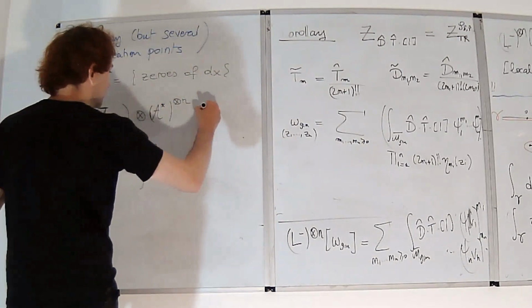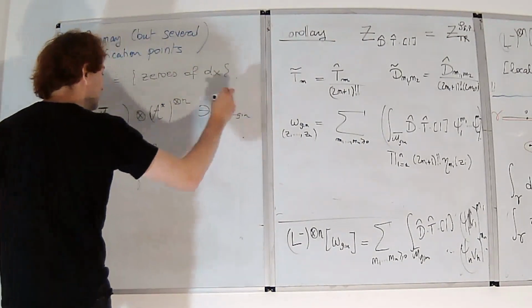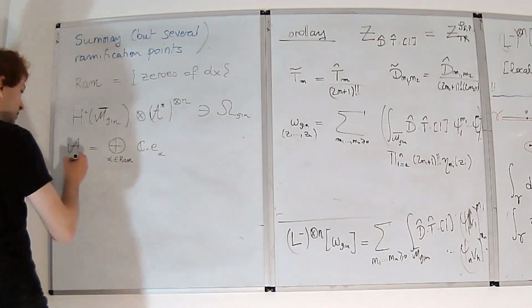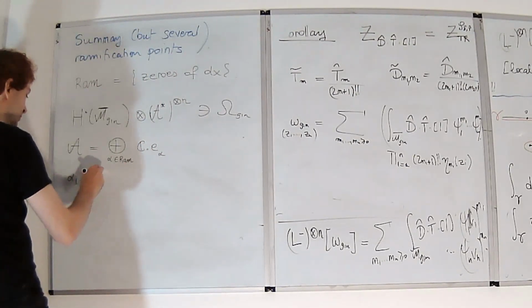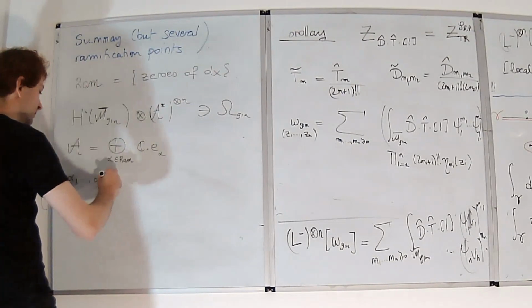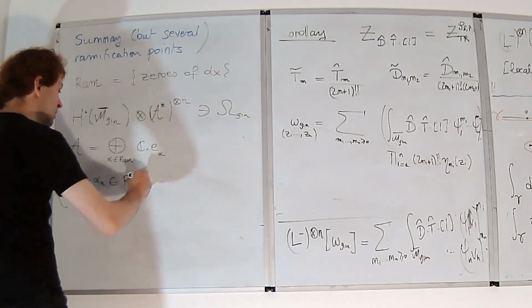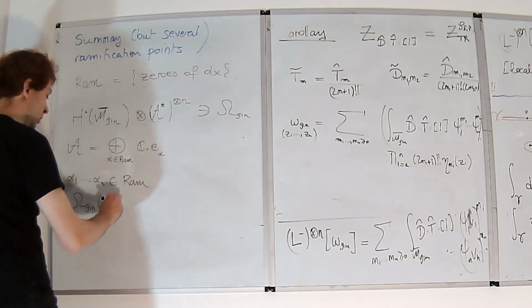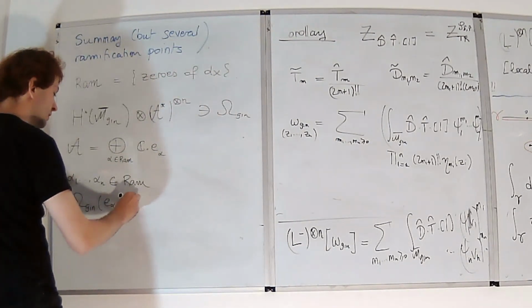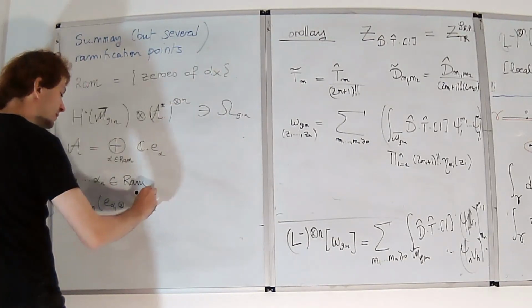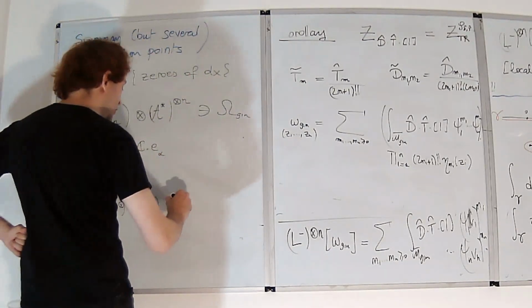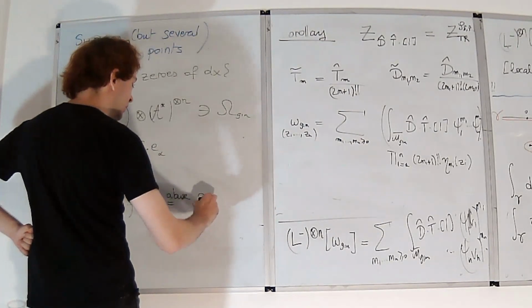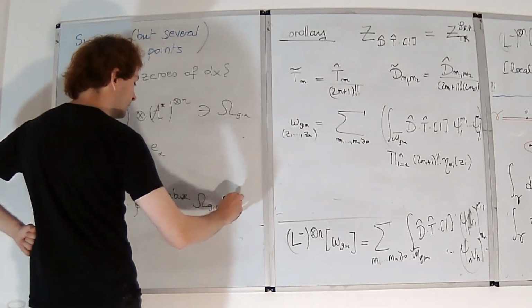So if I choose some ramification points, I can consider omega g,n of E alpha 1 through E alpha n, which by abuse of notation I'm sometimes just going to write omega g,n alpha 1 through alpha n.